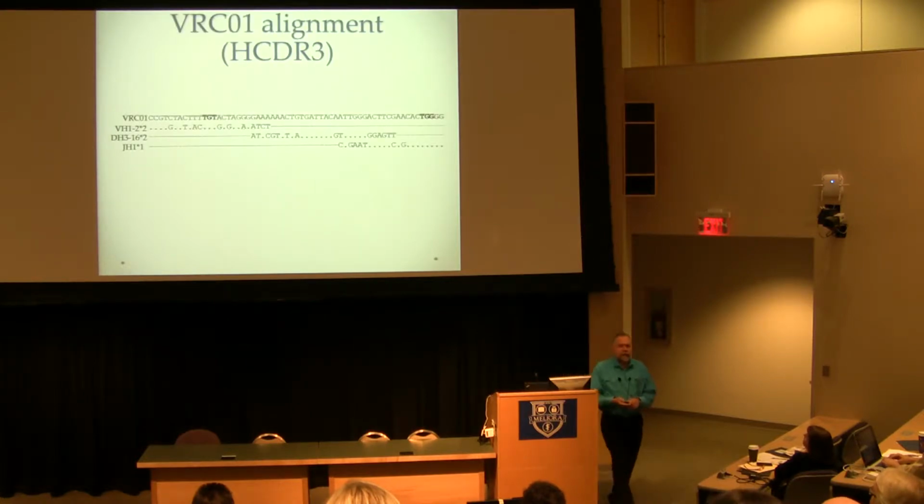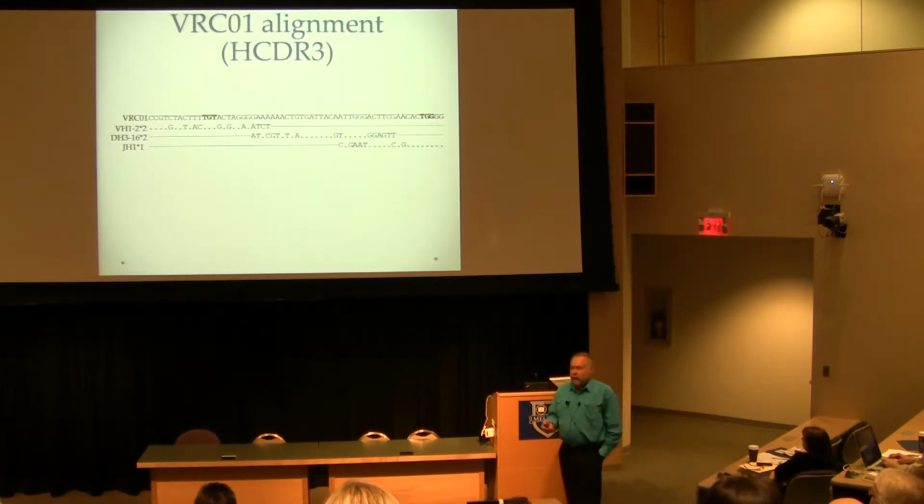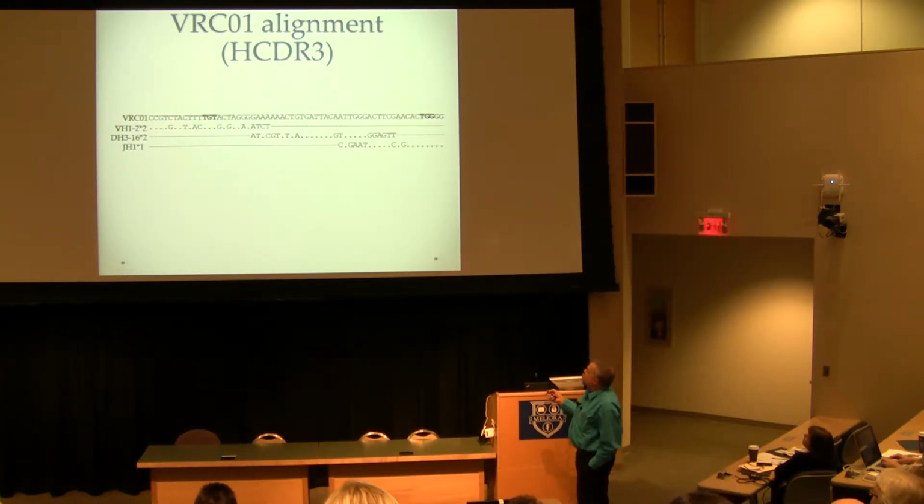So let's take a look at an alignment of VRC01 with the gene segments that are the most likely participants in the rearrangement process. So this is VRC01 up here, and I'm showing the invariant cysteine codon TGT here, and the invariant tryptophan codon TGG here, and this is CDR3, complementarity determining region 3, which encodes the large CDR3 antigen recognition loop.